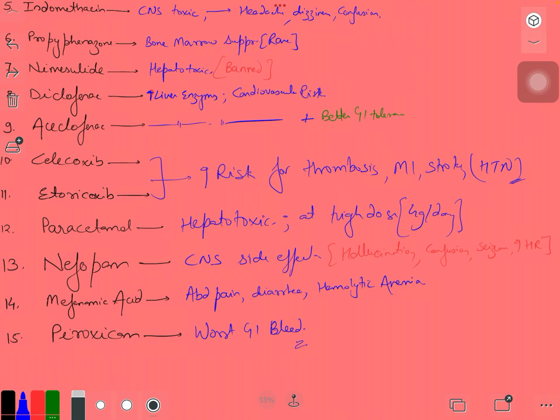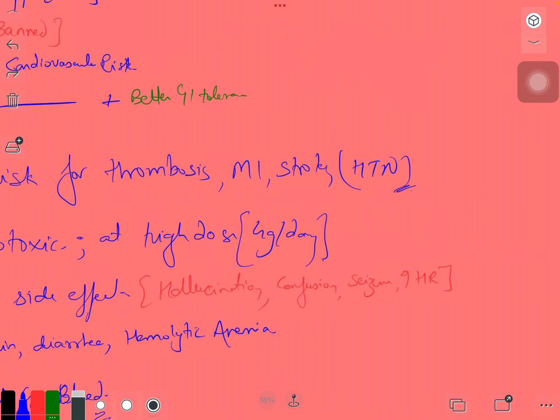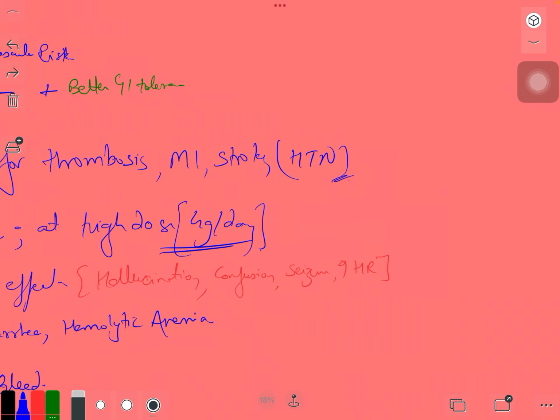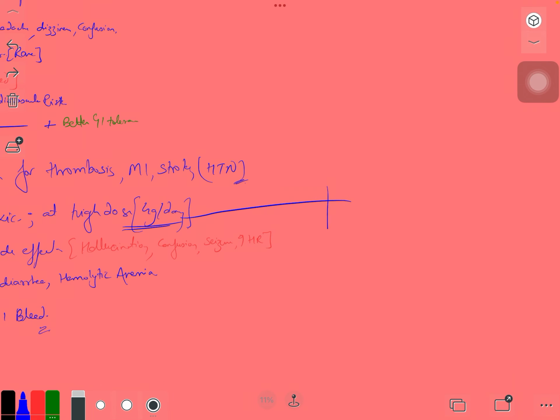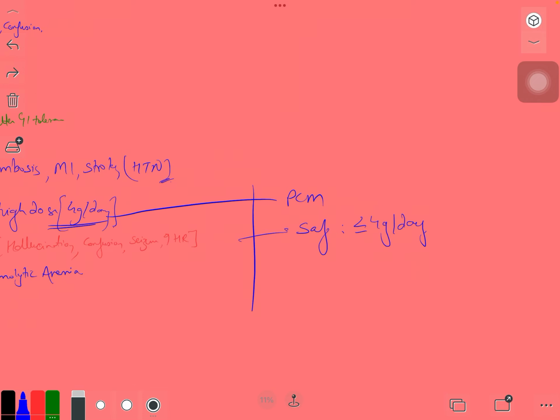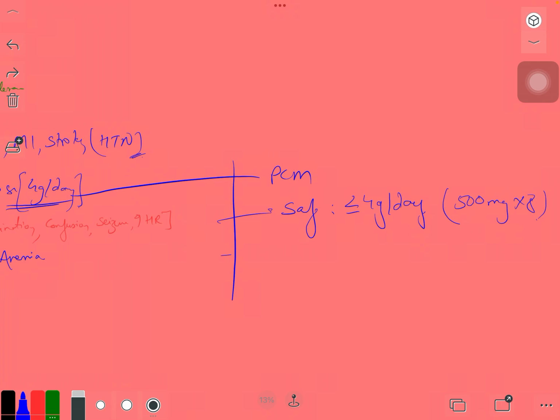So remember, for paracetamol, up to 4 gram per day it is still tolerable. Let's write it over here specifically for paracetamol. Paracetamol is safe if consumed at less than or equal to 4 gram per day. You can have about 500 mg, 8 tablets, and still you will be fine.